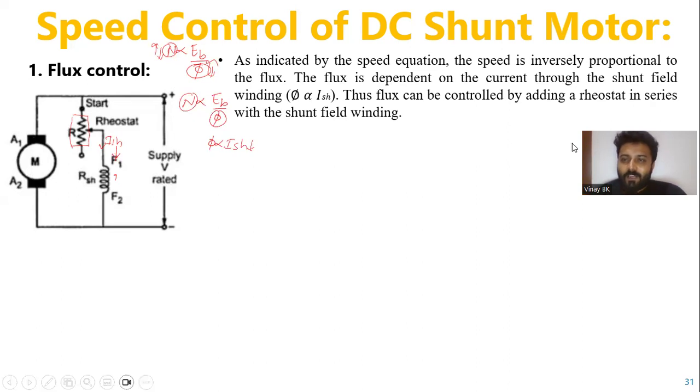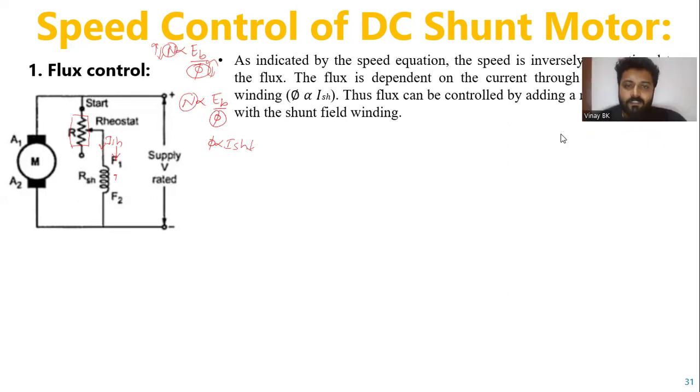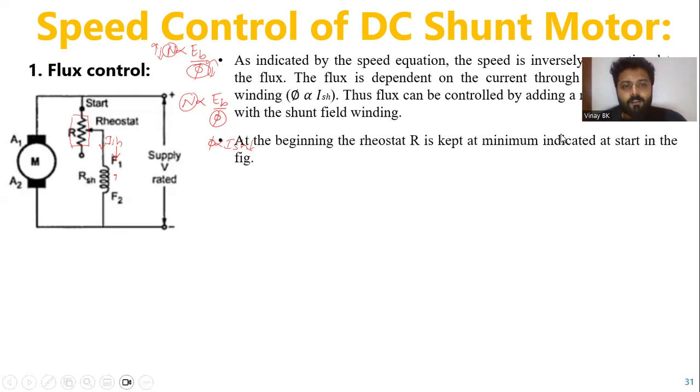Now we can see what happens. At the beginning, the rheostat is in minimum position, which is indicated as the start. If the rheostat is at minimum, it allows the maximum amount of current to flow through the field winding.